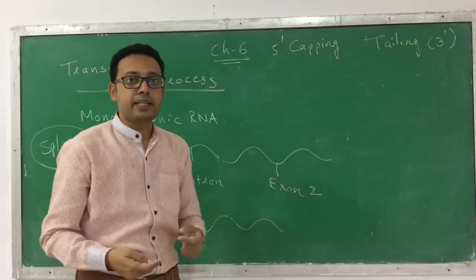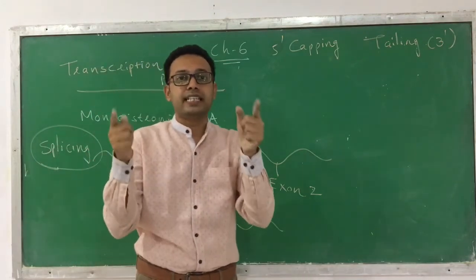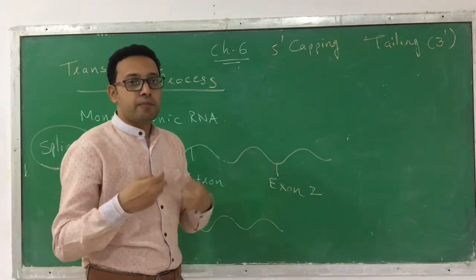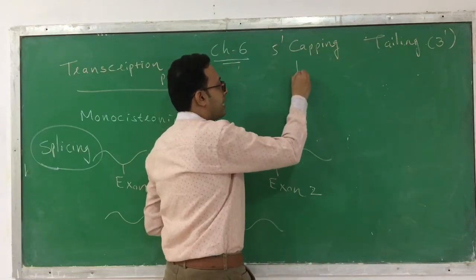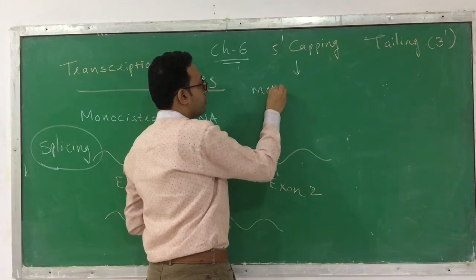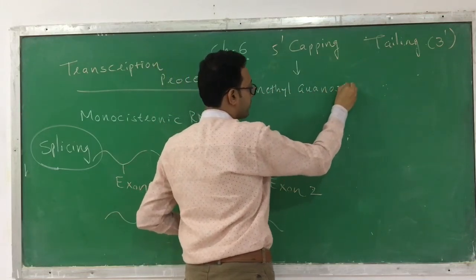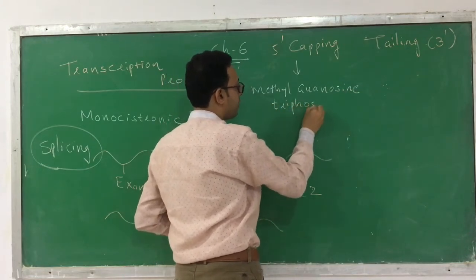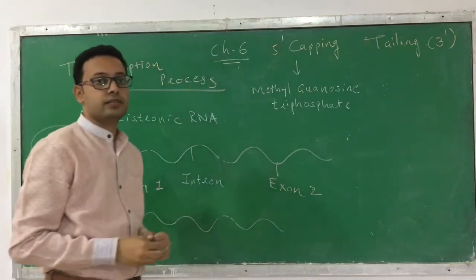So what is capping? This capping and tailing is required to protect the sequence from damage. In the capping, a specific nucleotide like methyl guanosine triphosphate, a special one, is added at the 5' end.